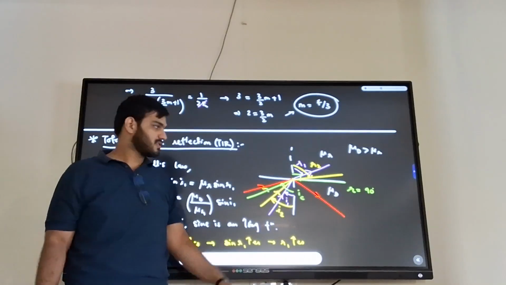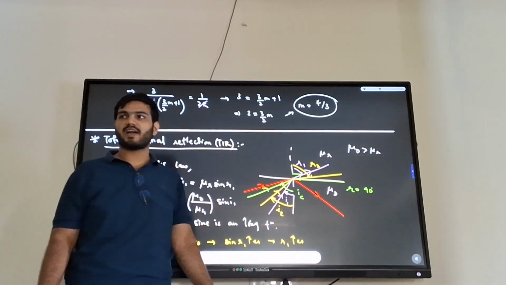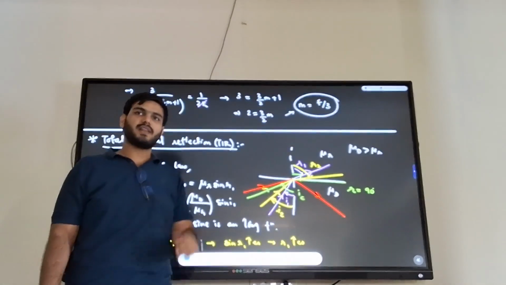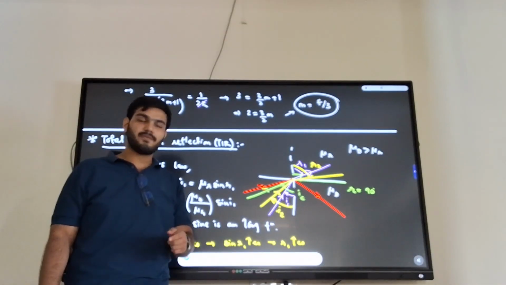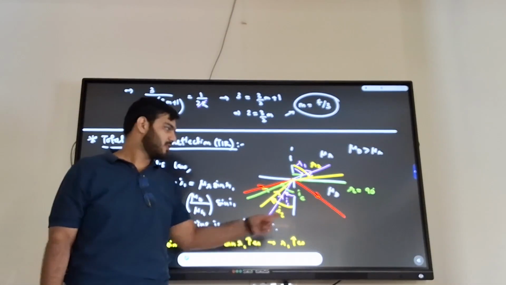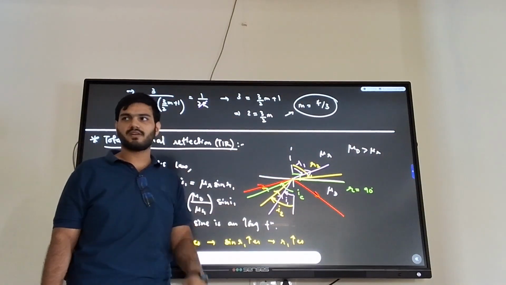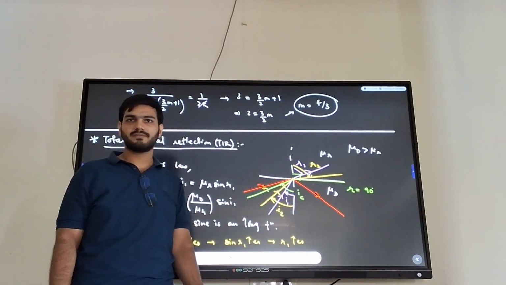So this IC is called the critical angle. If you go beyond critical angle, total internal reflection, that's TIR, occurs. If you are below IC, TIR does not occur. Does it make sense to you? Good.